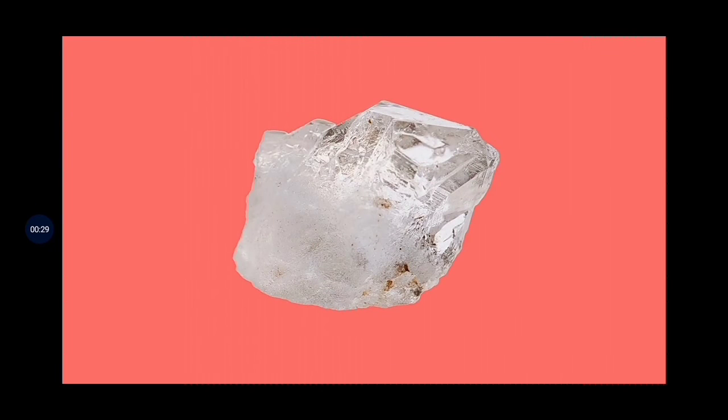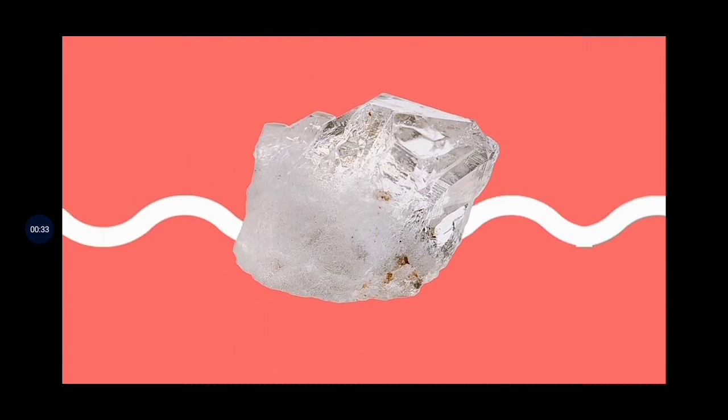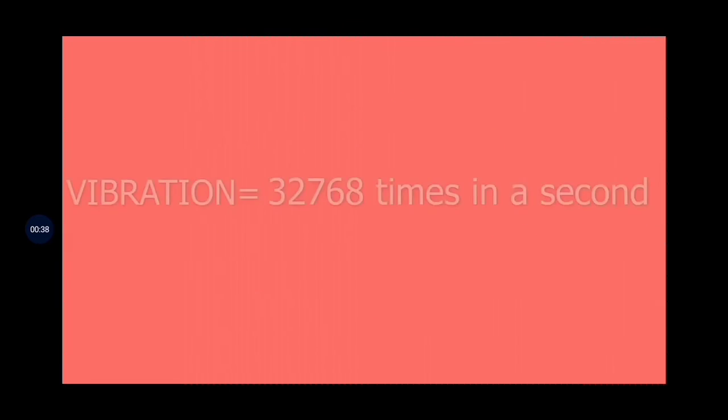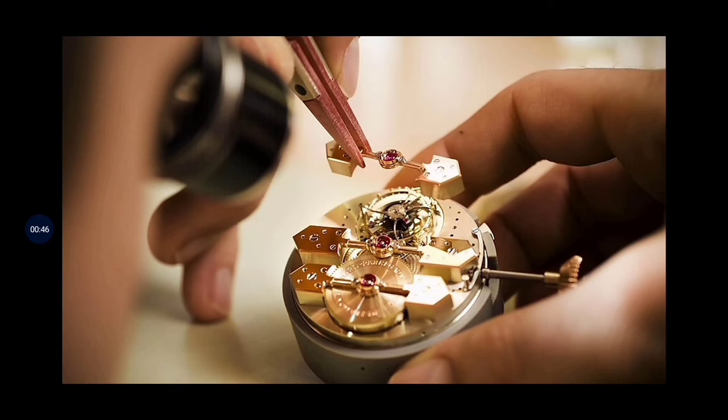Quartz crystal is used in quartz clocks because when electricity is passed through it, it starts vibrating. It vibrates around 32,768 times in a second. Watchmakers make use of this fact and use this crystal in measuring time.